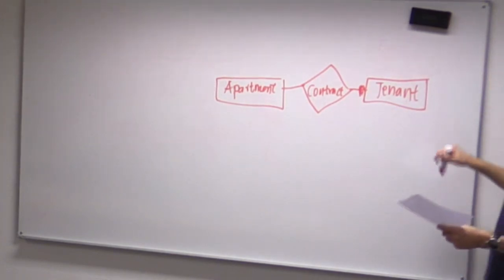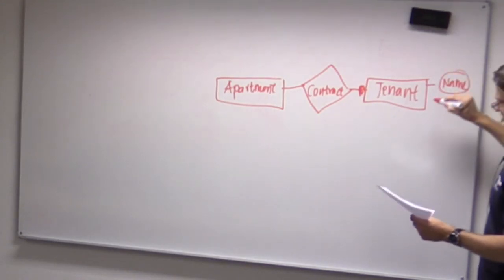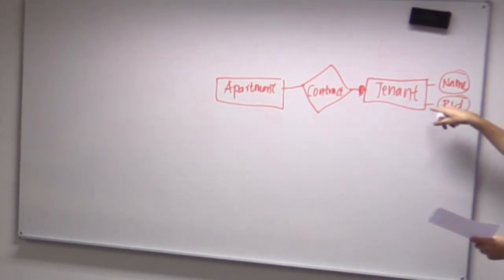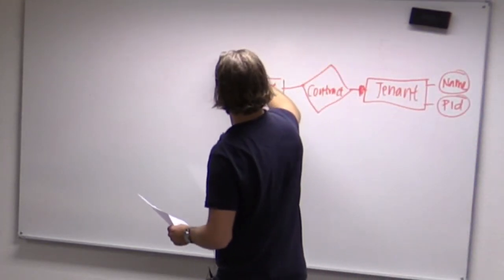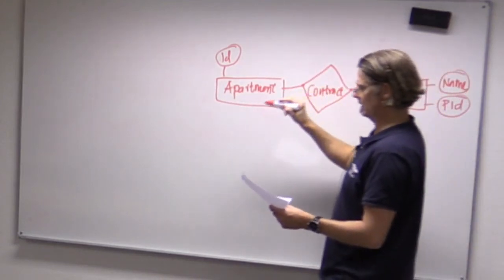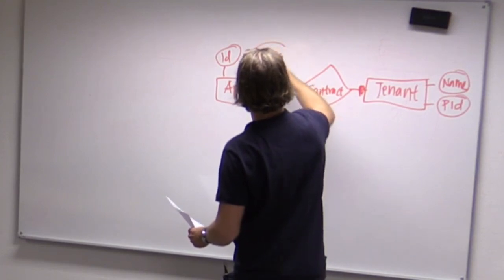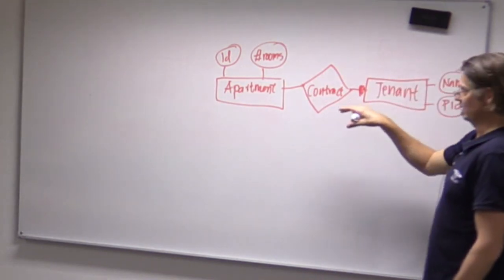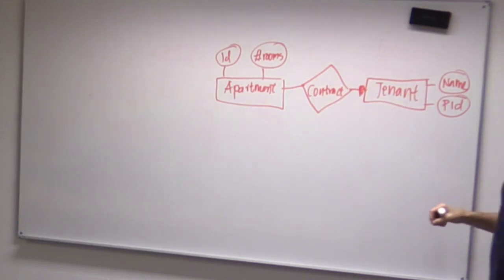And then we started to add a name and that PID number as attributes to the tenant, and we also added an apartment ID as an attribute. And we also added a few more things like the number of rooms. And it probably will be a few more attributes to this. So once again, it's slightly out of context here.